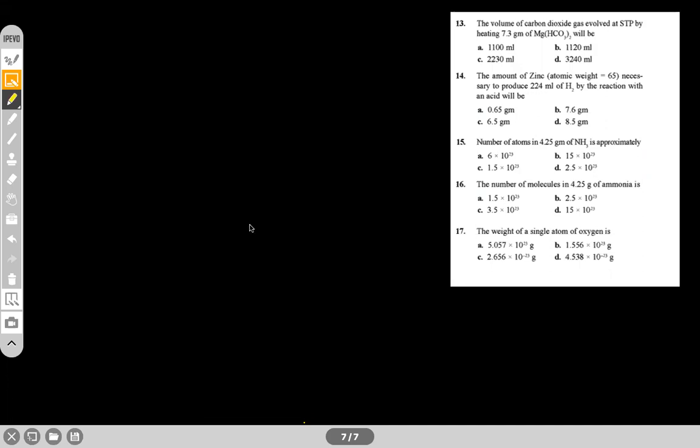Okay, first one. Anurag, you try this. Whatever information you have regarding the reaction, you try this once. I'll discuss it once all of you have finished. Magnesium bicarbonate converts into what? Carbonate.